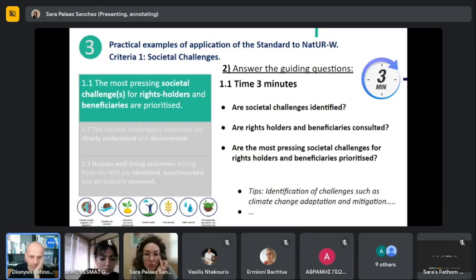According to our website, there are a number of dwellings that are in deficient state, and households that are unable to keep their homes cool enough in summer. I think that these are the main societal challenges.